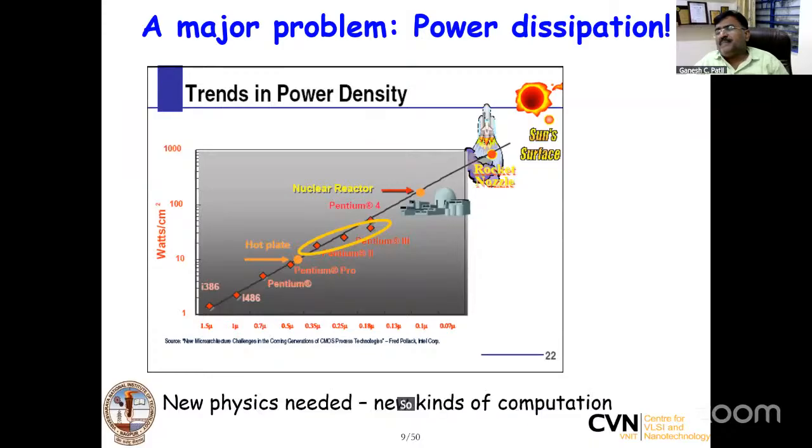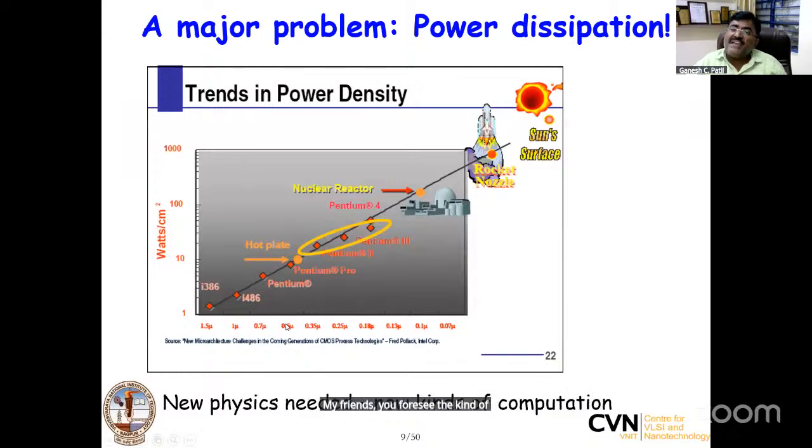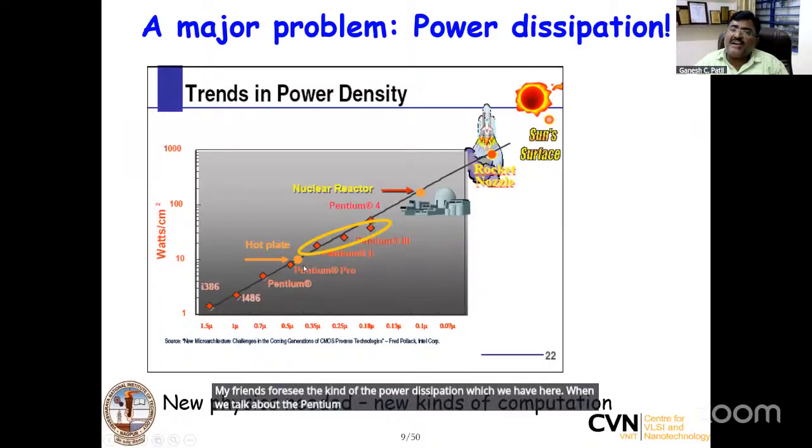So the basic problem for today, you could note it down: the major challenge for the semiconductor industry and devices is the leakage power. My friends, you could see the kind of power dissipation we have here. For the Pentium 1, it was around 10 watts per centimeter square.